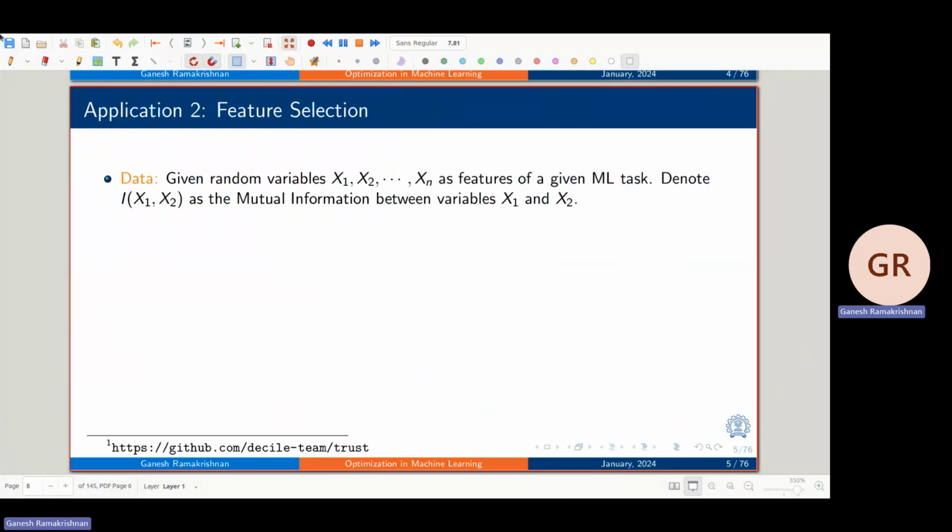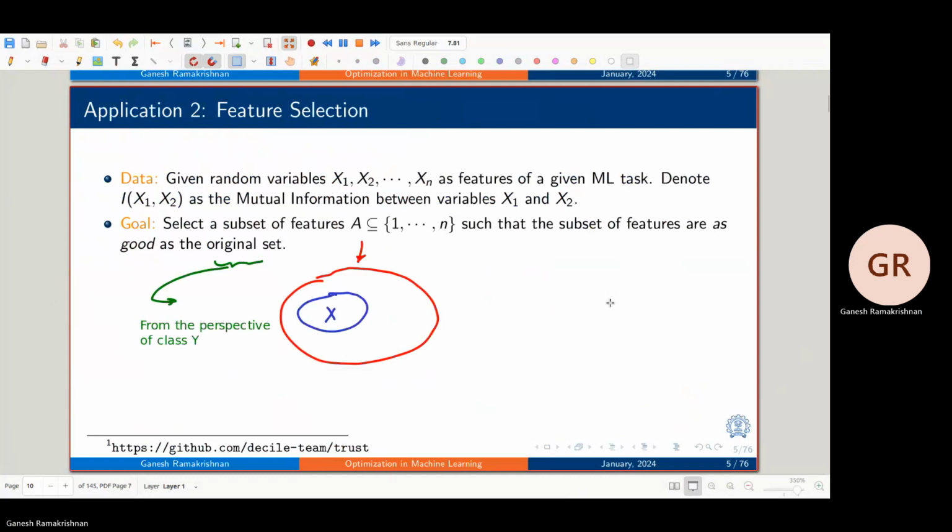H is a measure of uncertainty. So the uncertainty of x1 plus the uncertainty of x2 minus the joint uncertainty in x1 and x2 tells you how much certainty there is about x1 and x2. It's like saying how well correlated x1 and x2 are. So what is the problem? Select a subset of features such that the subset is as good as the original set.